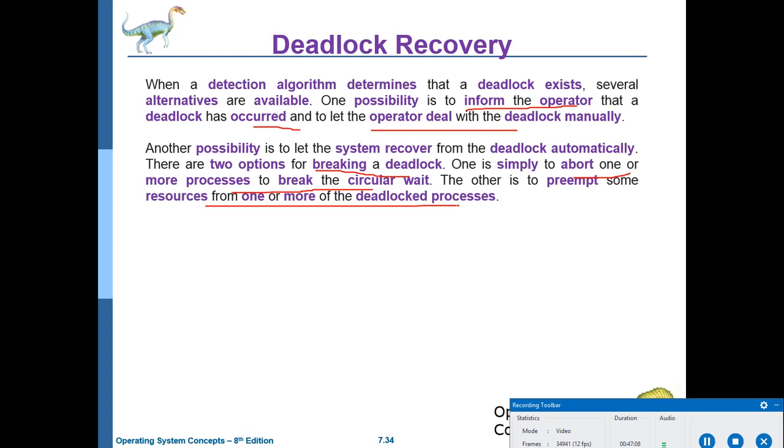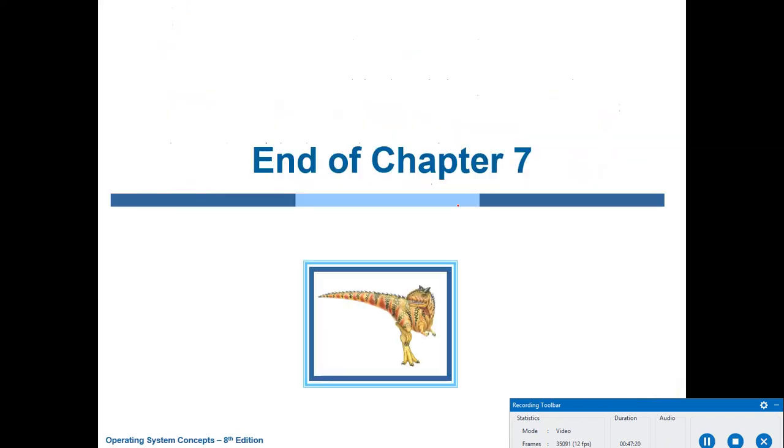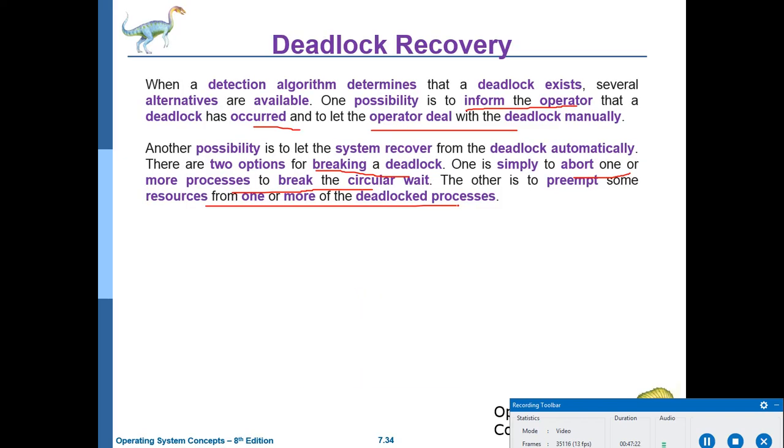The first is to abort the processes and break the circular wait, and the other is to release some resources, or take back some resources, from one or more deadlocked processes. So this was all about deadlock recovery. These are the two simple protocols or algorithms followed in deadlock recovery.